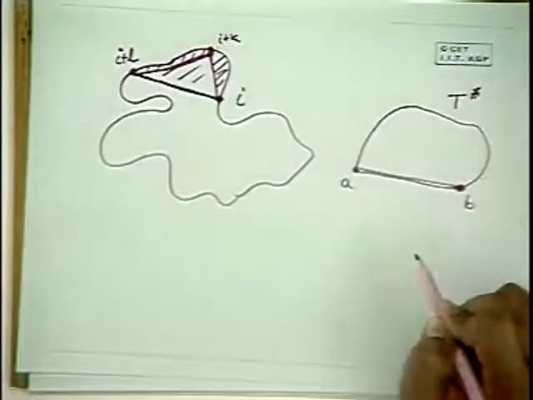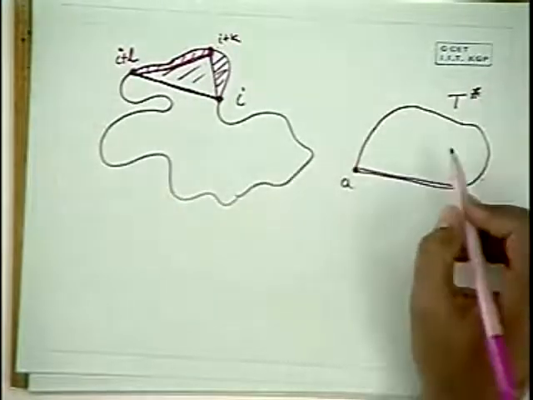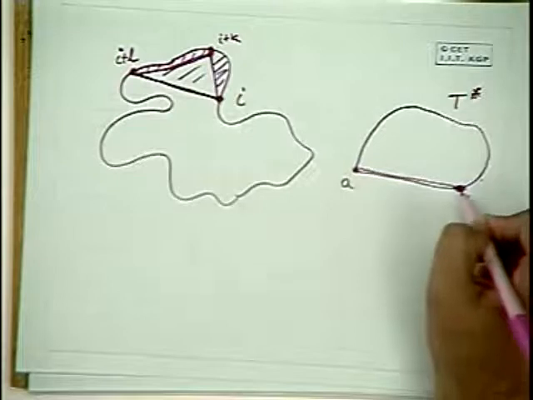I just told you optimal triangulation is the triangulation which minimizes the total weight, and weight you can take as perimeters, as I told you, the sum of the perimeters of all the triangles. Now there is one optimal triangulation. Consider that optimal triangulation. Let us call that one T star. Now that optimal triangulation must have one triangle which is incident on AB.